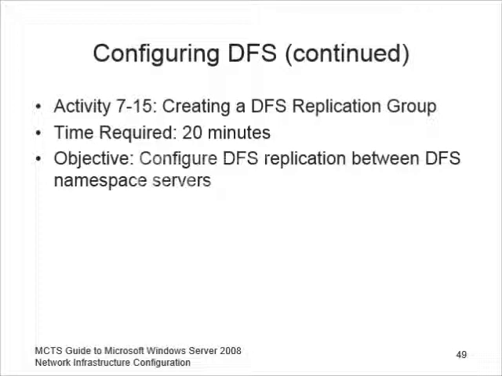A replication group can have up to 256 members with 256 replicated folders, and each server can be a member of up to 256 replication groups with as many as 256 connections. A member server can support up to 1TB of replicated files with up to 8 million replicated files per volume.